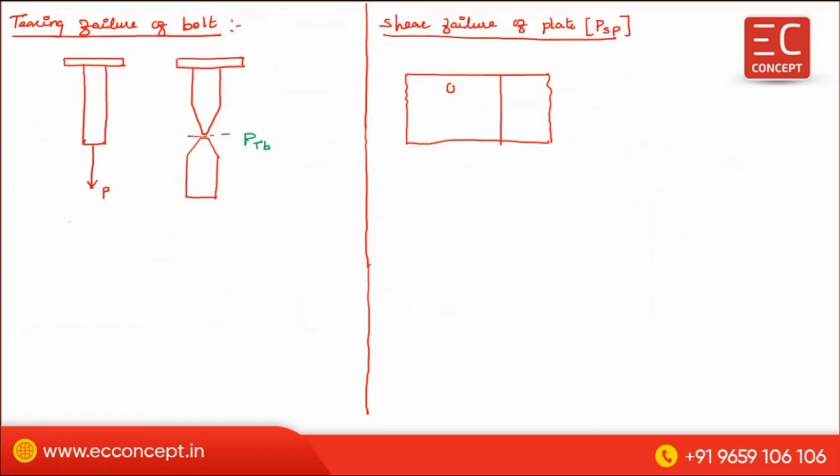So this is one bolt, this is another bolt, and this is the direction of force P. Because of this force P, a crack will happen, something like that. This is the crack, and here also a crack will be formed. So shear failure means on the plate, a failure happens along the direction of the force. That failure is called shear failure of plate.